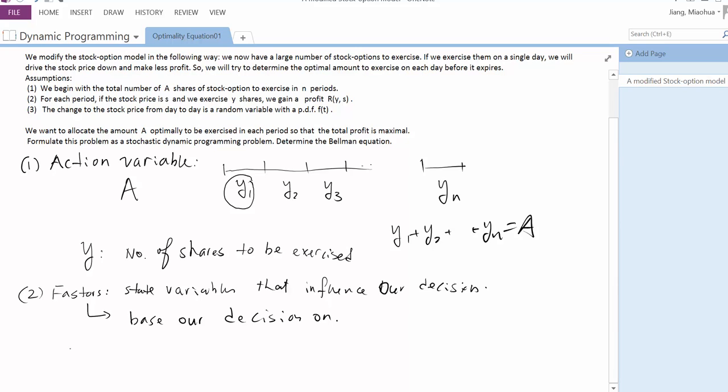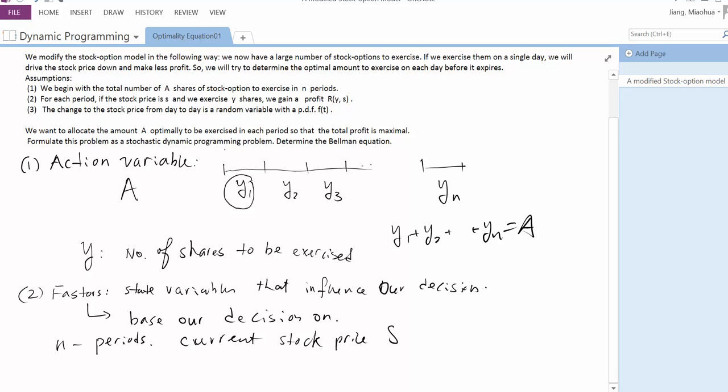There are obvious ones, for example, how many periods we still have left. We say this is always there, so n is the number of periods. And also, we look at the current stock price, and that's going to be S.